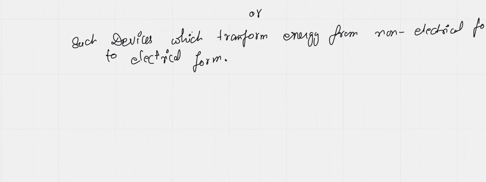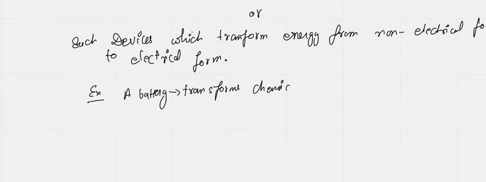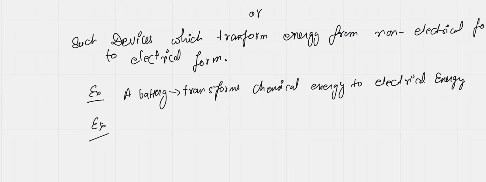So some examples you can have is a battery, which transforms chemical energy to electrical energy. Another is a generator. What is a generator? You put fuel in the generator.